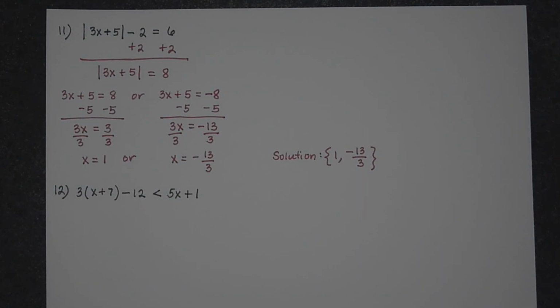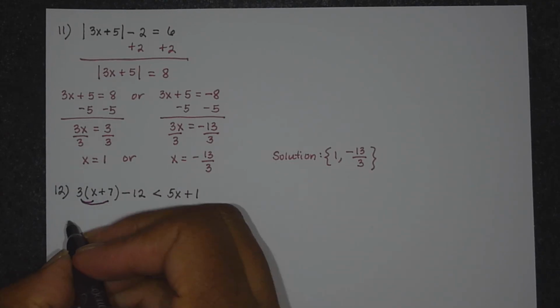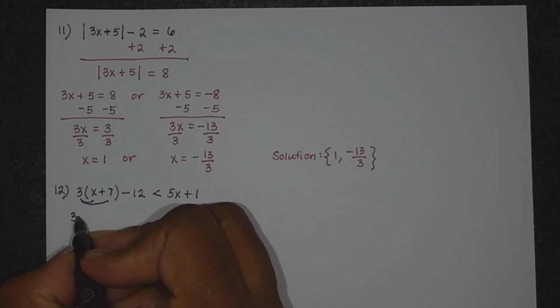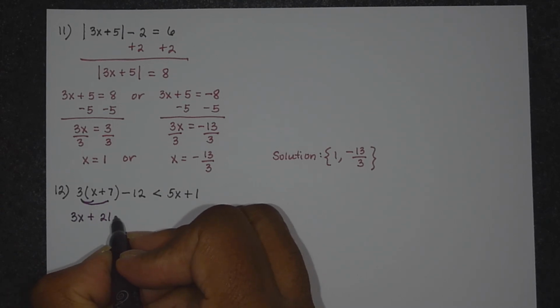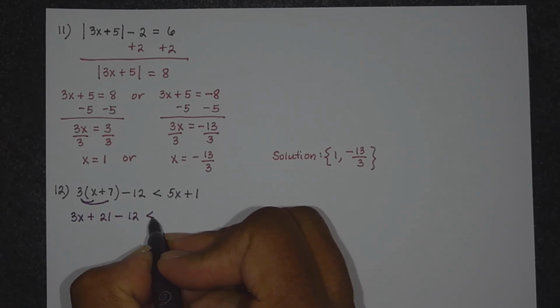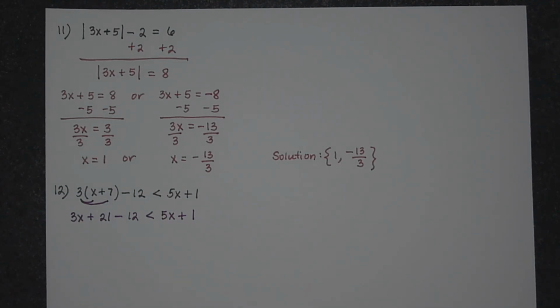And here I want to solve this inequality, in other words, get the variable by itself. Now on the left-hand side, if I distribute the 3 over the x plus 7, what would I get? 3x plus 3 times 7, 21. Then minus 12 is less than 5x plus 1.